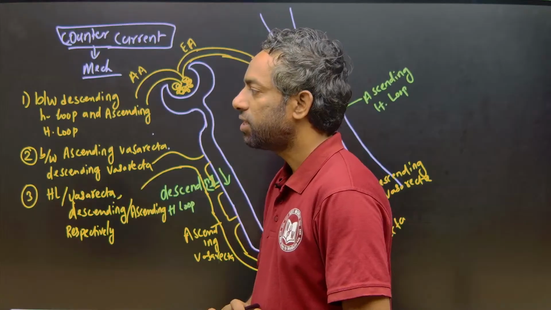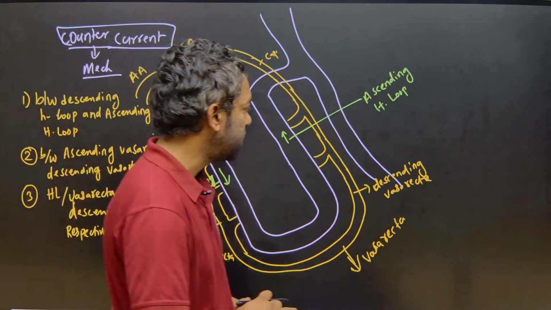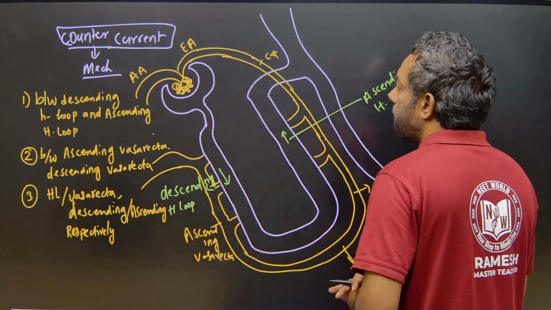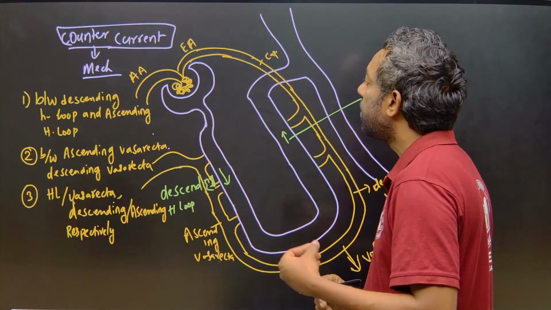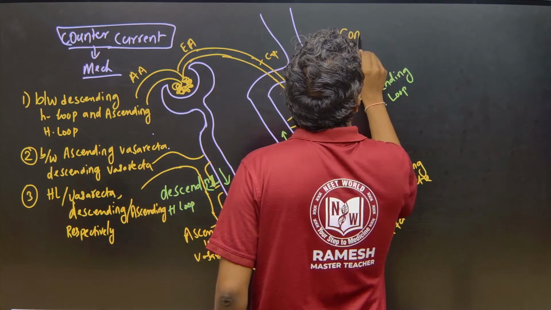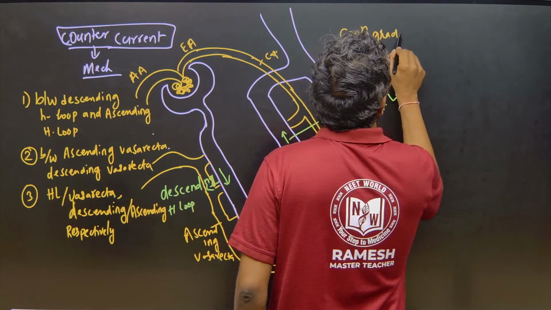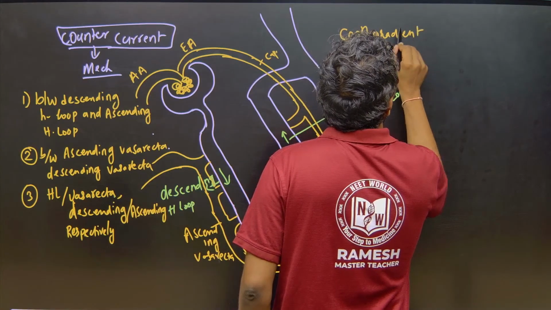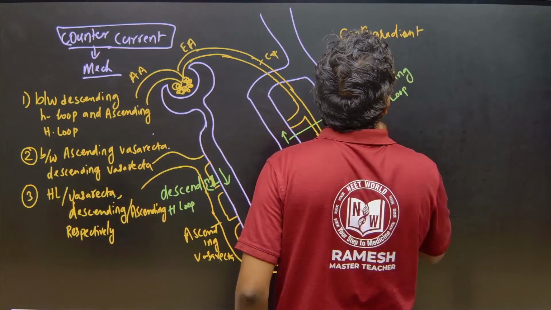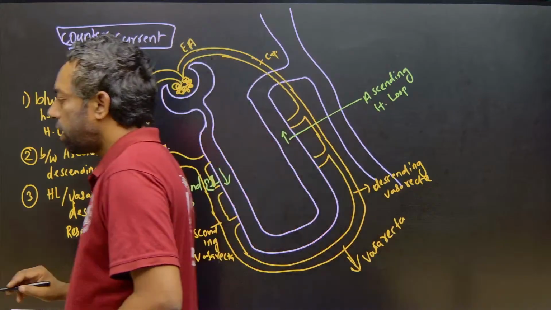What happens in this counter current mechanism? We are going to discuss it. This is mainly used to create the concentration gradient. What is osmolarity?